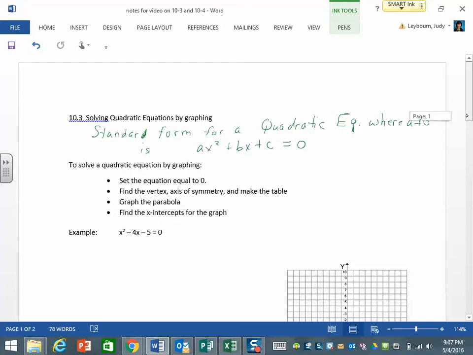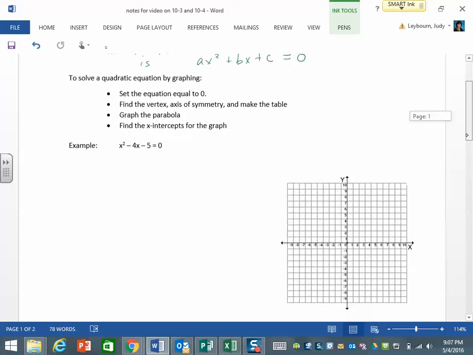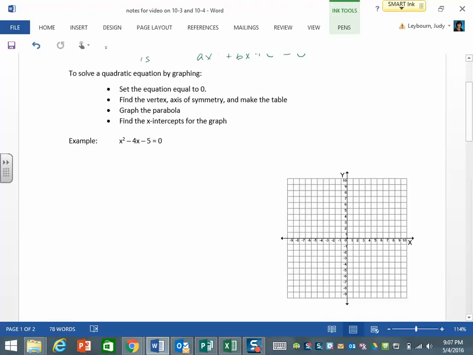So for this first example, I have x squared minus 4x minus 5 equals 0. My equation is equal to 0, so I have that step completed. Now for my vertex, I need to calculate minus b over 2a.